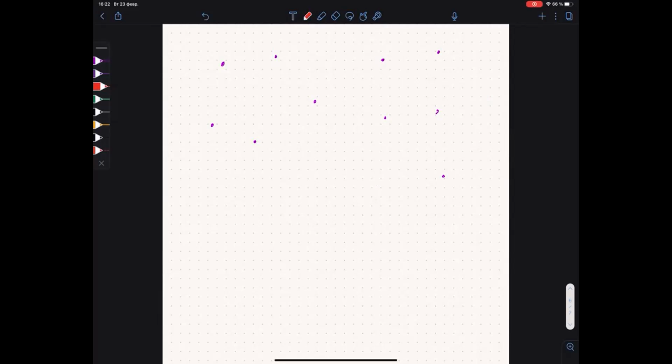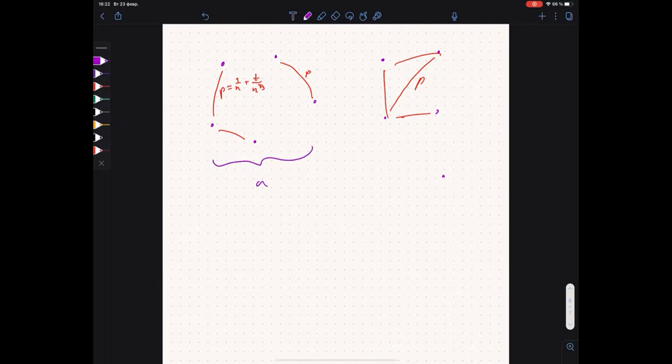And we add edges inside one group with probability p, which now is 1 over n plus t over n^(4/3). And we do the same there. The number of vertices in one group is equal to n. The same here.